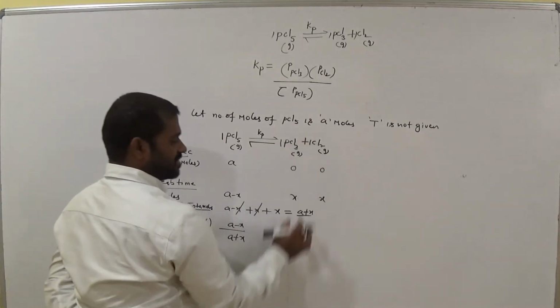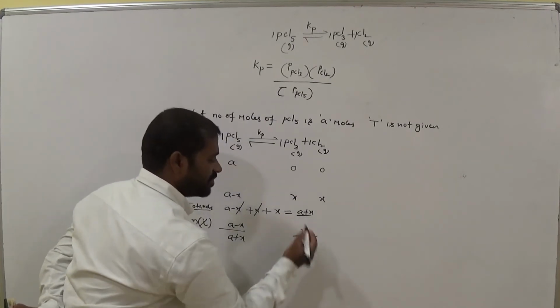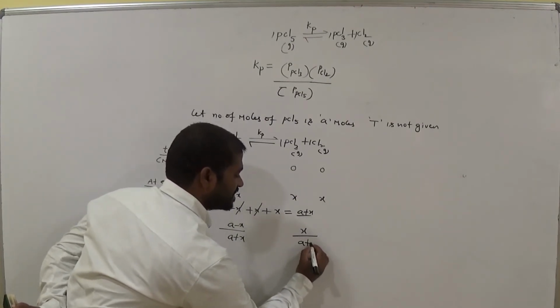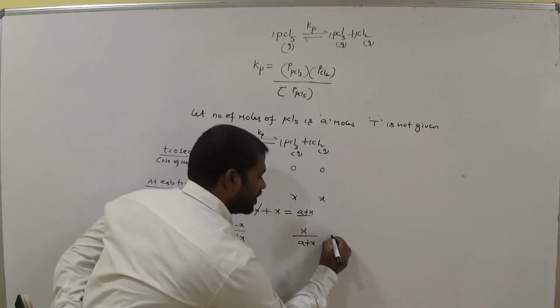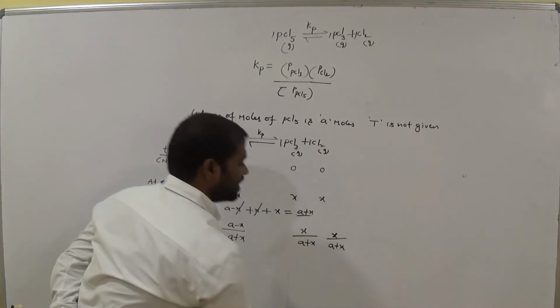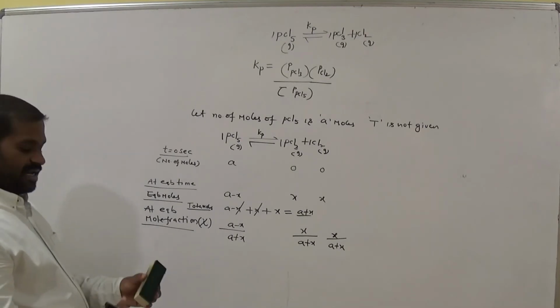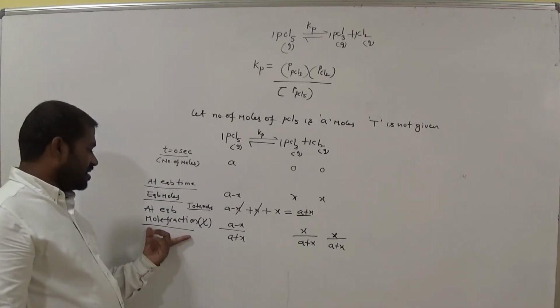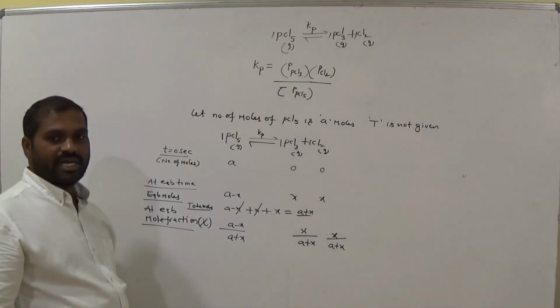For PCl3, at equilibrium it has x, and total moles of the mixture is A plus x, am I right? And for Cl2, at equilibrium it has x, and total moles of the mixture is A plus x. Is it clear, ma'am? Now finally we got the mole fractions of each component.